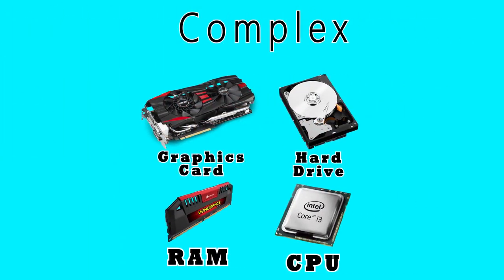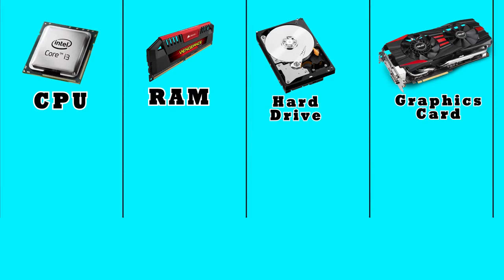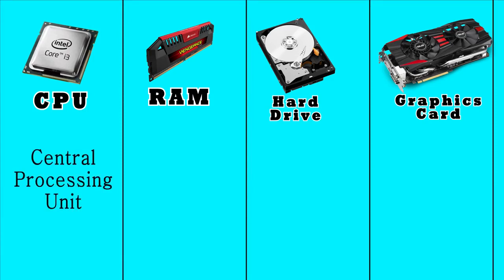Now let's move on to the more complex parts, the ones that deal with data. The 4 main components to keep in mind here are CPU, RAM, hard drive, and graphics card. First things first, I'm going to establish some terminology. Keep in mind that CPU is also known as the Central Processing Unit, or processor. These terms all refer to the same thing. They are completely interchangeable.